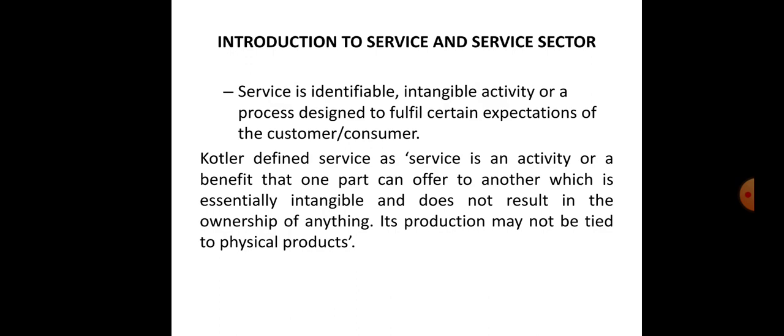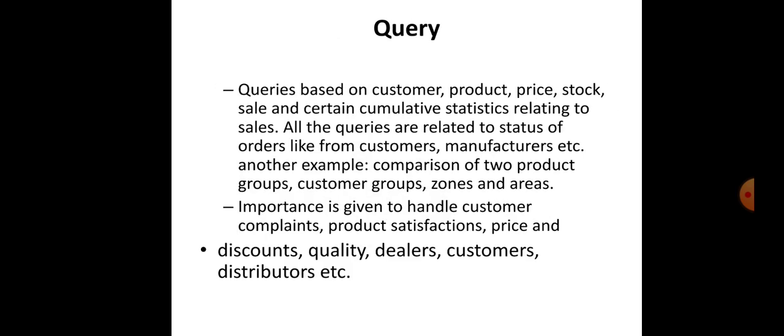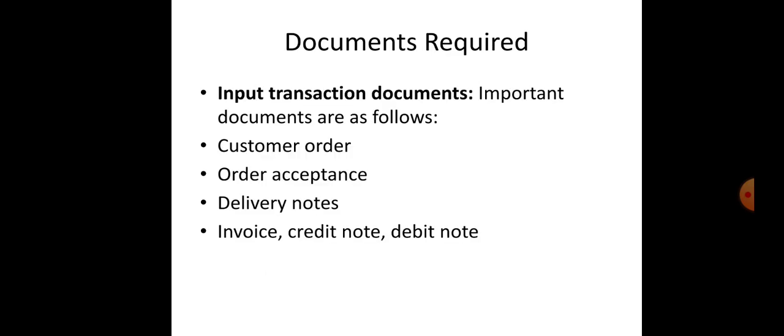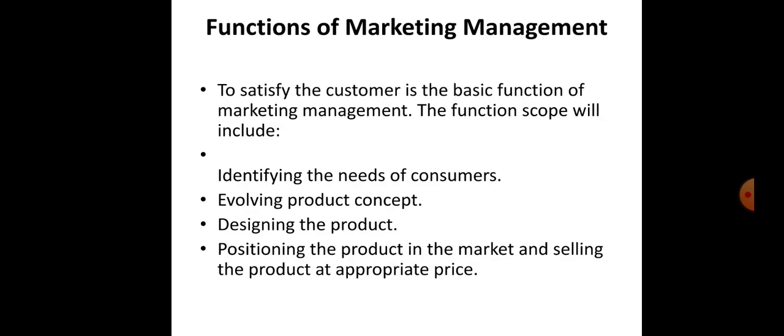And to conclude the topic, the application of MIS in both manufacturing and service sector, we can mention that the application with respect to both manufacturing and services includes TPS, that is transaction processing system, which is a base for application of MIS in various sectors.